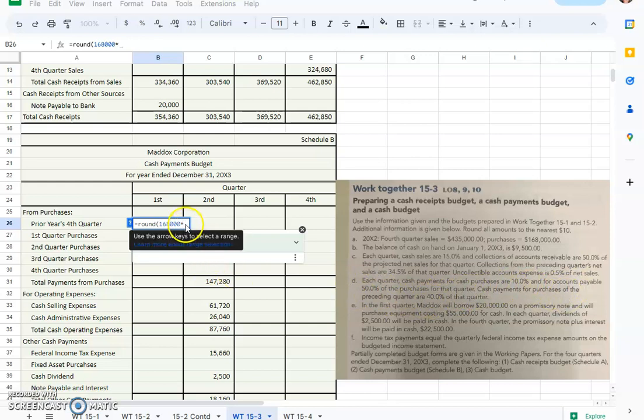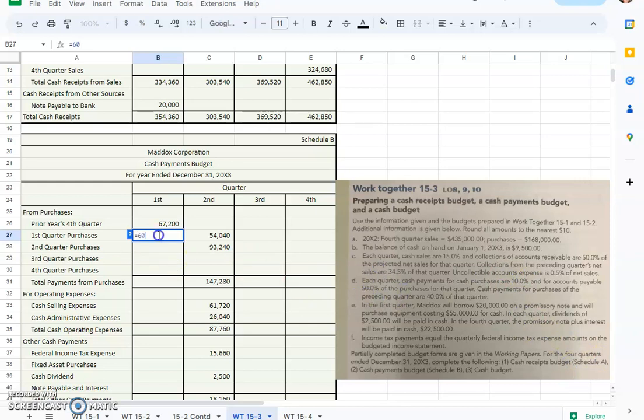This one is preceding quarter, so it's times 40%, and rounding it back, $67,200.